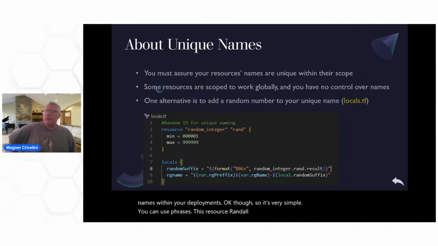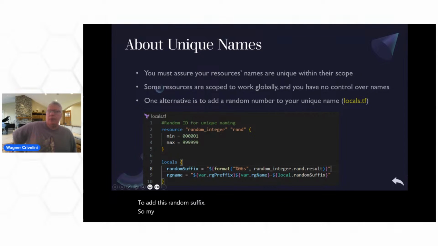I called it rand, and I'm saying that it should be between 1 and 999,999, well, 1 million minus 1. So it's a very large number, 6 figures. And I am using it here to add this random suffix to my resource name.